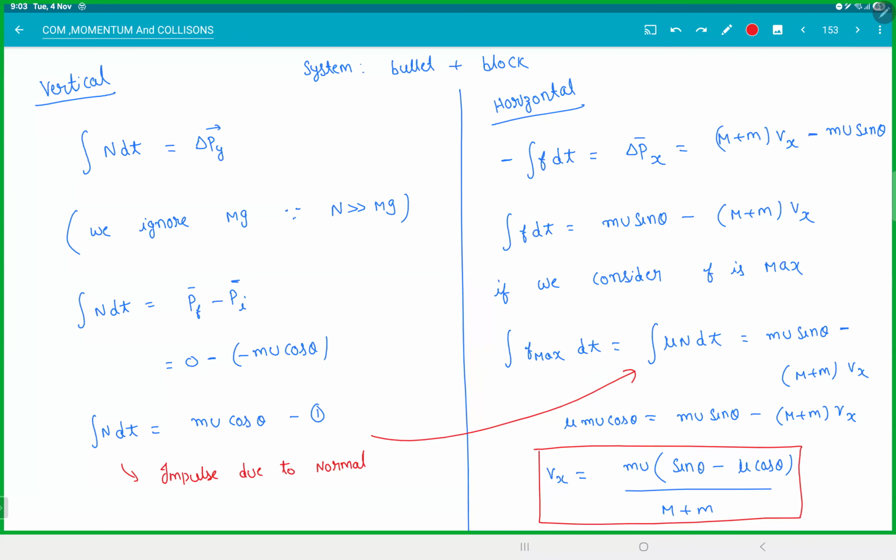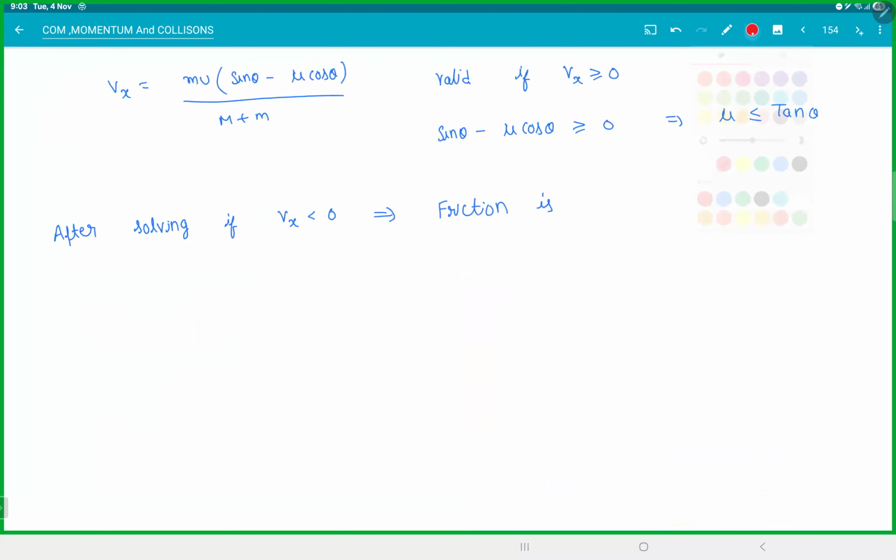So the mistake we made, we assumed F is maximum. F will be maximum only if the block moves. So there is another possibility, right? The friction is not maximum. That is, the forces during collision are unable to move the block. And you can think about why. Look at this.